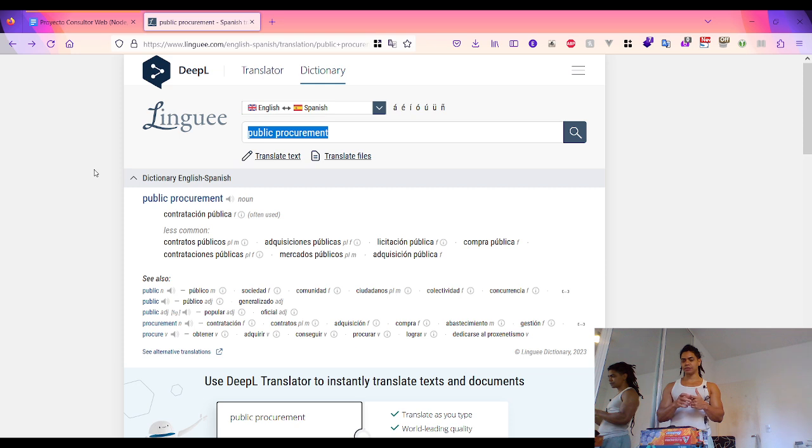Tax payment or tax filing and payments, such as the Electronic Federal Tax Payment System in the US, or HM Revenue and Customs in the UK.